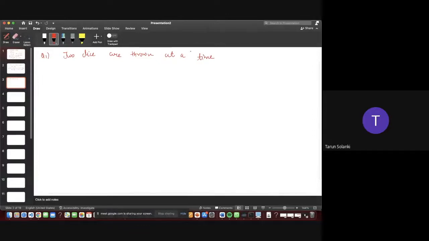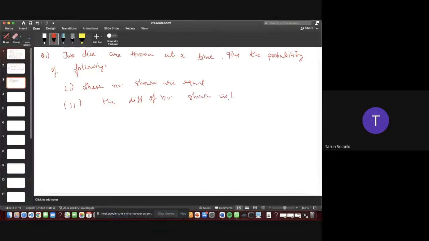You need to find the probability of the following. First, the numbers shown are equal. Second, the difference of the numbers shown is 1. Let's solve this problem first.